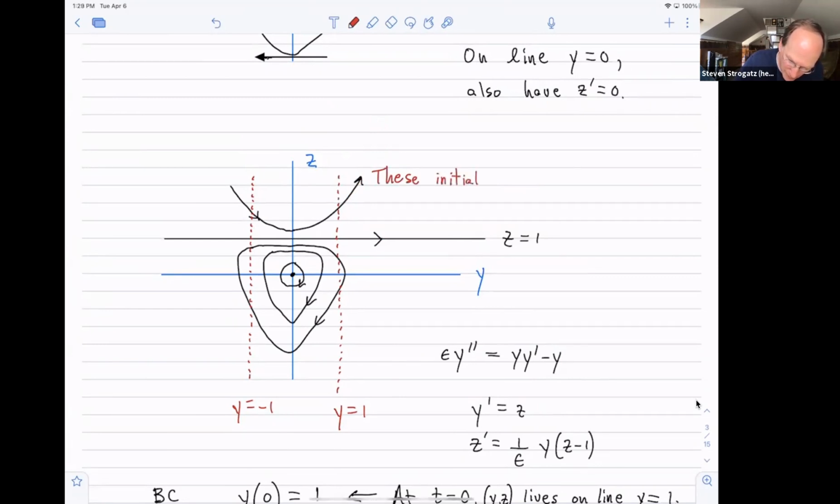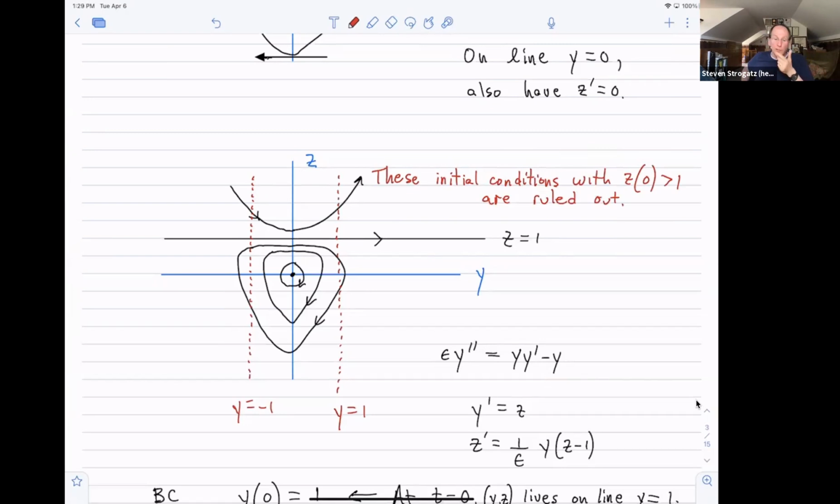Or let's put it this way. These initial conditions that have z at time 0 greater than 1 are ruled out. They can't possibly work. Does that make sense?